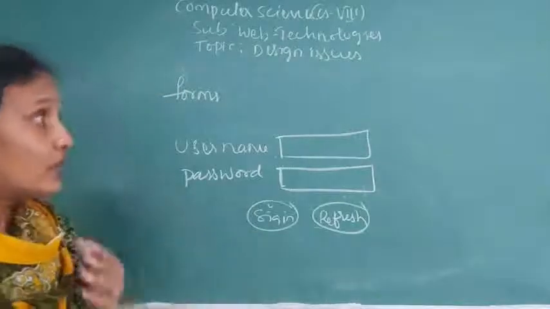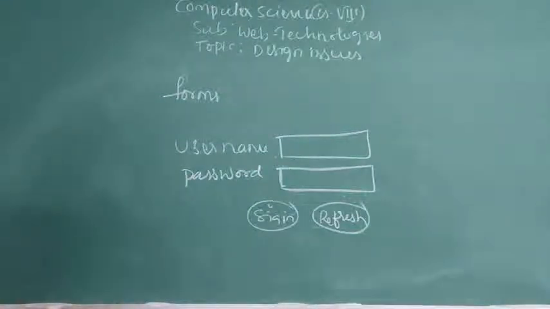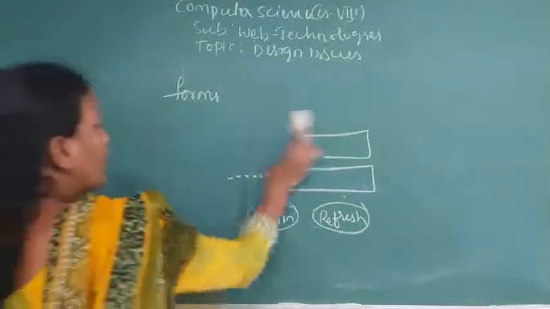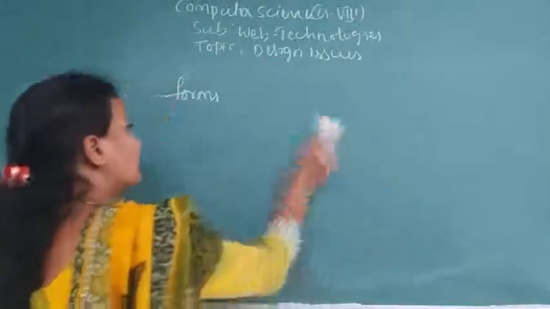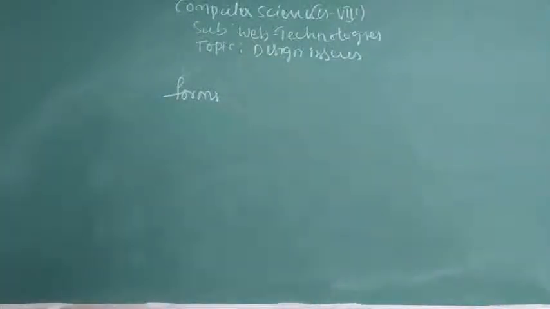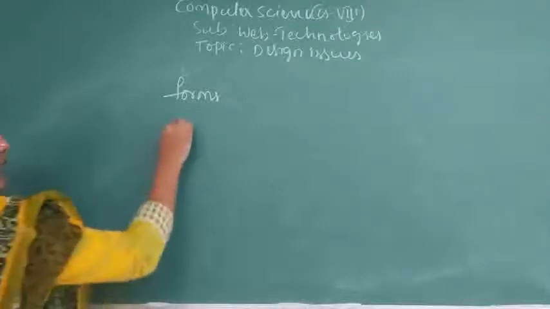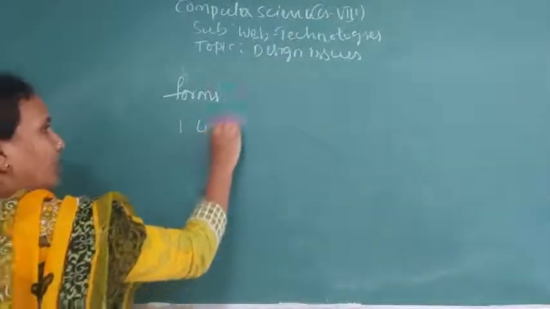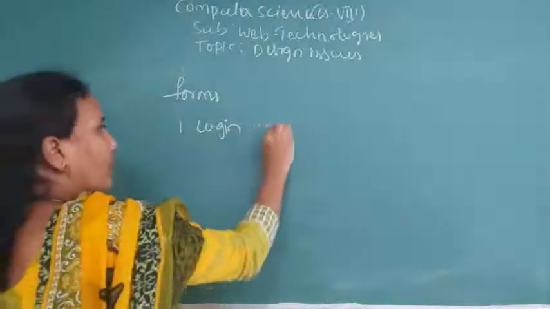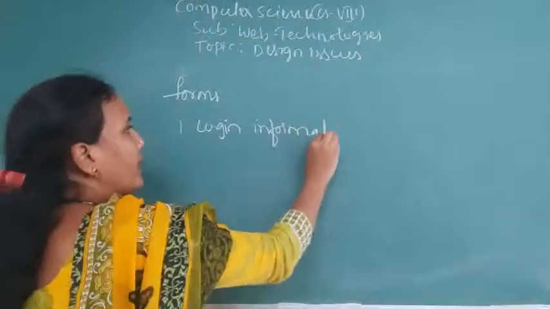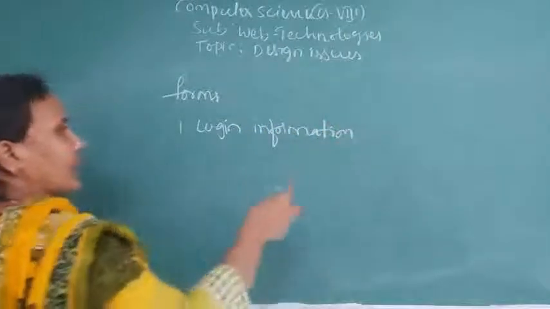So when you are displaying any form on the browser window, you need to add a few important points. The first one is login information. Who is logging on the form? Who is entering the information?